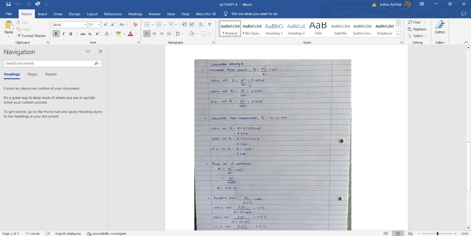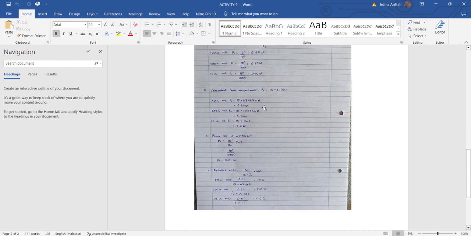So for the first manipulated value, which is 150 ohm, we will get the answer is 0.67 watt. Then for the second value, which is 300 ohm resistor, we get the value is 0.33 watt. The last one is by using 1 kilo ohm, we get 0.1 watt.